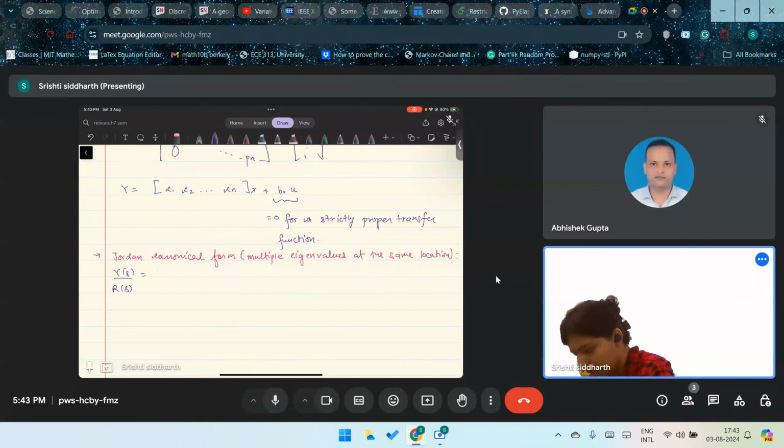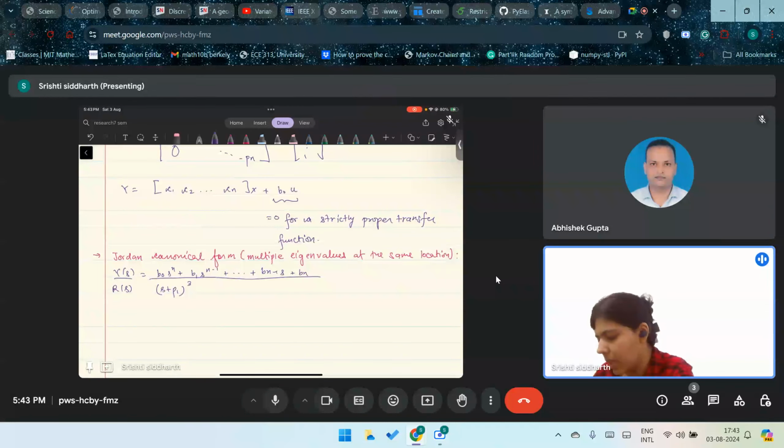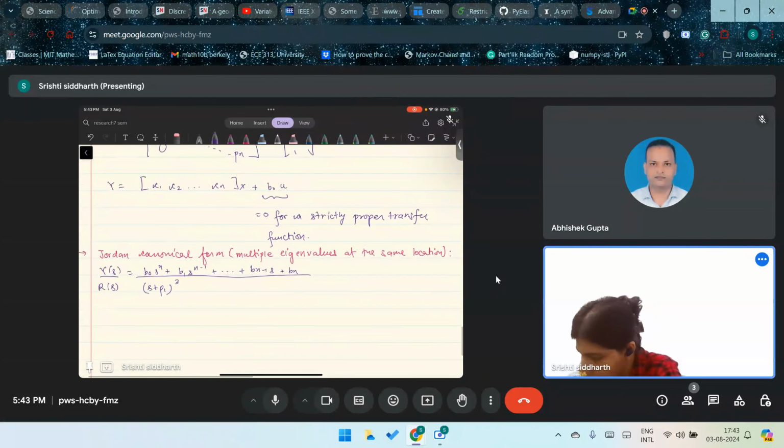So let's see what the general form of the transfer function is. The numerator remains the same, an nth degree polynomial. So let's say there are, for example, 3 repeated eigenvalues at p1. Then we have s plus p2, all up to s plus pn.